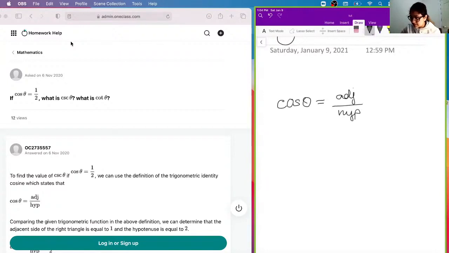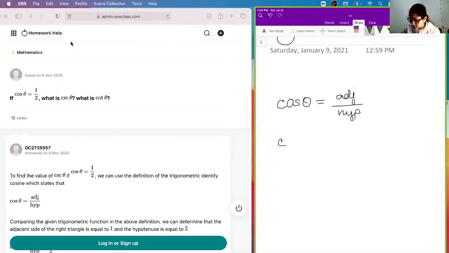Comparing with the given function, the adjacent side of the right angle triangle is 1 and the hypotenuse is 2.